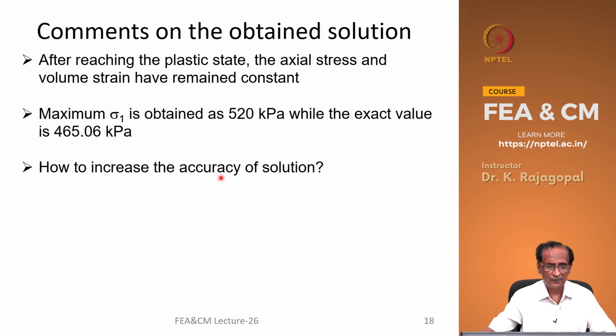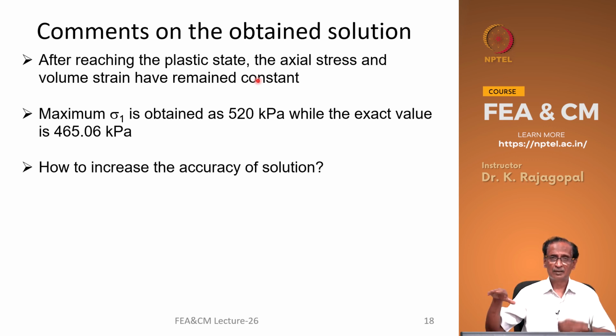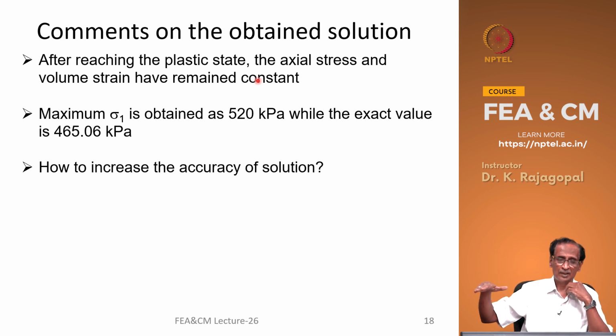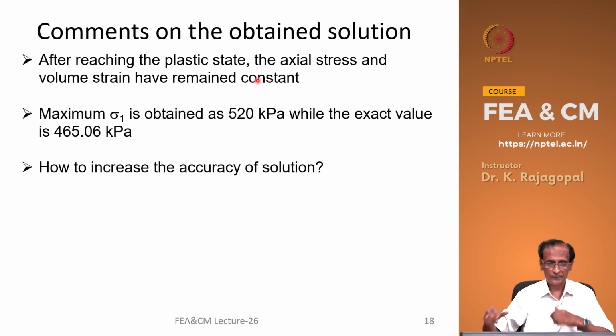So, actually after reaching the plastic state, the axial stress and the volumetric strain have remained more or less constant. That way we should be happy that we are able to simulate some limit on the shear stress. It is not increasing without any bound, and our volume is remaining constant after the failure.